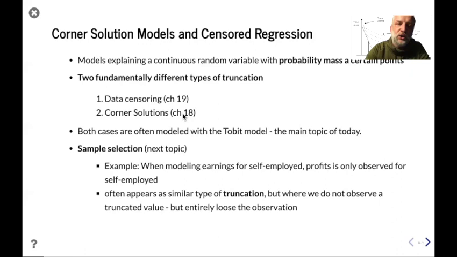Loosely speaking, they appear very similar in terms of this truncation, but in the sample selection case with the self-employed, we would not observe the truncated value. We'll entirely lose that observation. Anyway, we'll talk about that later, but it's just good to get an overview of what the different types of models are. You need to pick the right one for your application, right?